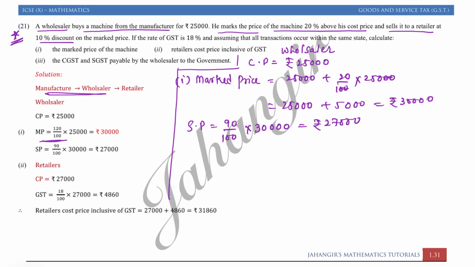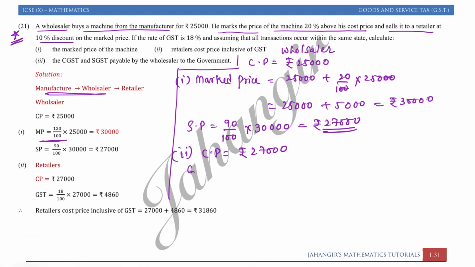Now second है retailer cost price inclusive of GST. So retailer had bought it for rupees, CP is equal to rupees 27,000. So now GST paid by the retailer. While buying he will pay tax to the wholesaler.